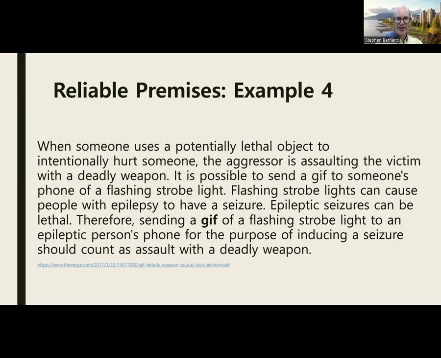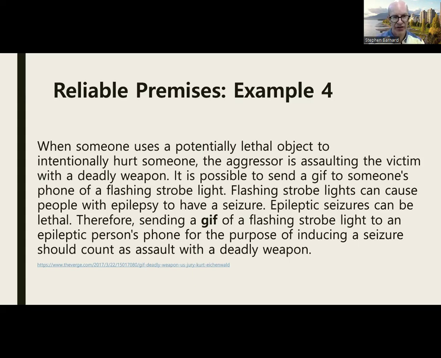Flashing strobe lights can cause people with epilepsy to have a seizure. Epileptic seizures can be lethal. Therefore, sending a GIF of a flashing strobe light to an epileptic person's phone for the purpose of inducing a seizure should count as assault with a deadly weapon.